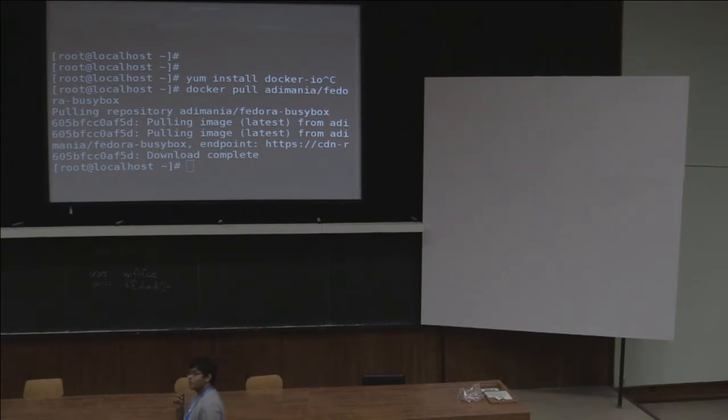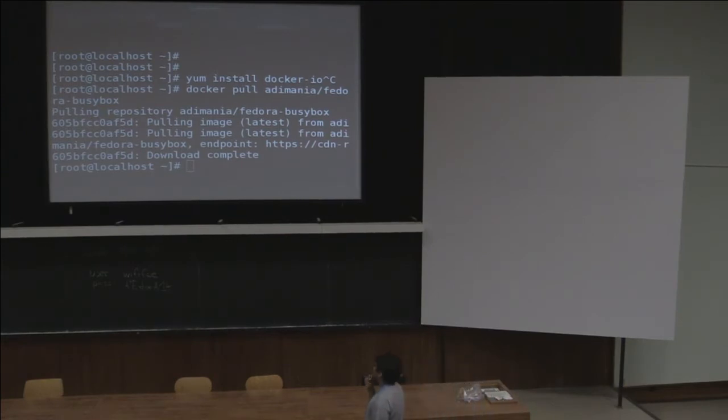Had it been an official repository, it would be fedora or something, and there wouldn't be any slash in there. So this is the best way to recognize whether the image is an official one, supported or built by the Docker guys, or by a guy like me.